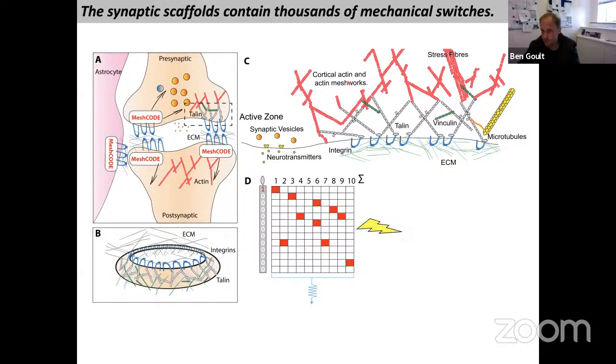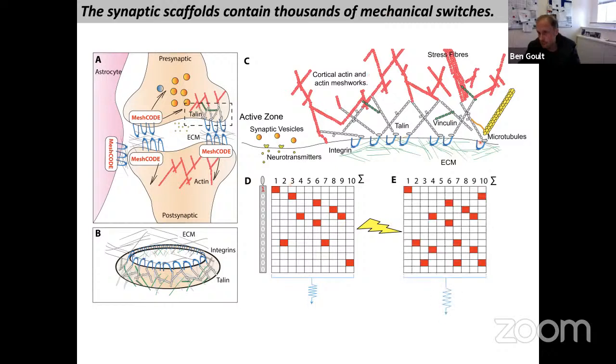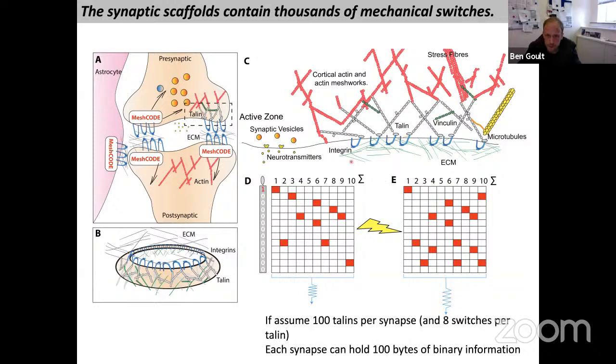As this musculature contracts, like a short burst, it alters the patterns in these switches. So the binary information written into that synapse is altered, is the prediction of this theory based on what I've told you so far. And as a prediction, if you imagine there are 100 talins, then you might have up to 100 bytes of information. We don't actually have actual data, but these switches might enable this information.